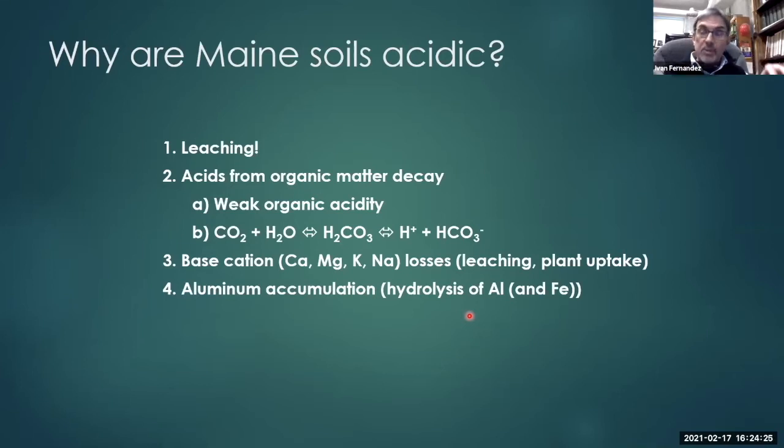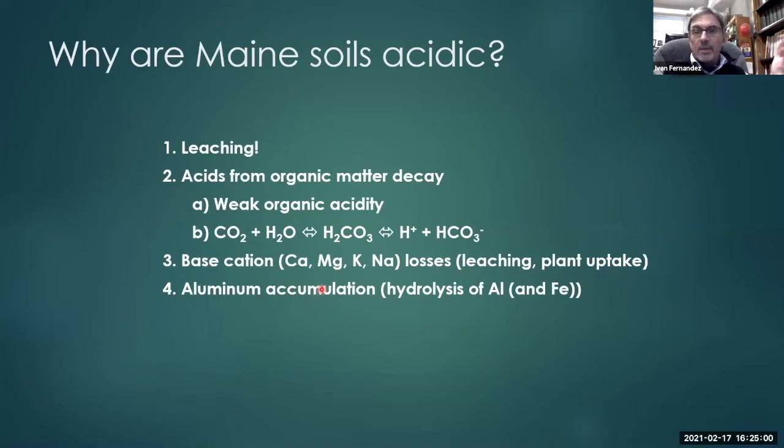So we have a lot of aluminum and silica that are the building blocks of our soils. And what happens with the addition of this acidity is it accelerates the release of some aluminum from weathering. So as there's more acidity, the weathering of these aluminosilicate rocks occurs faster. These base cations are more easily leached than the aluminum, and so we tend to accumulate the aluminum.